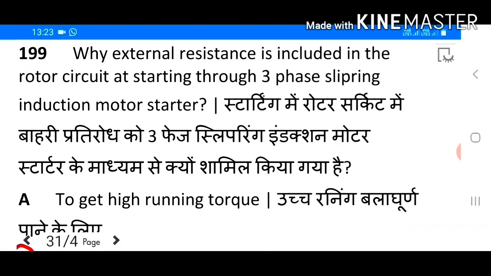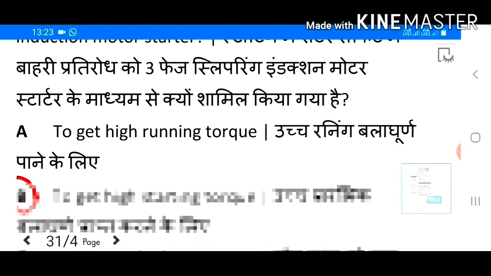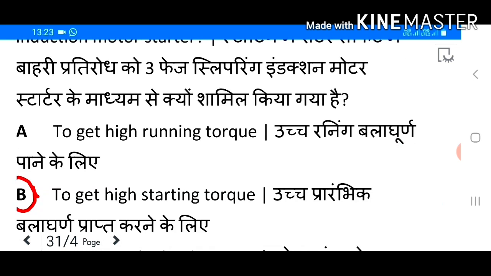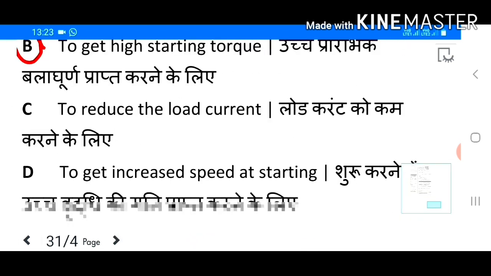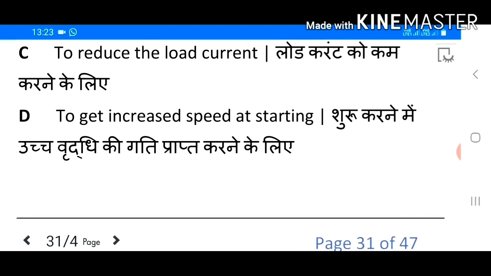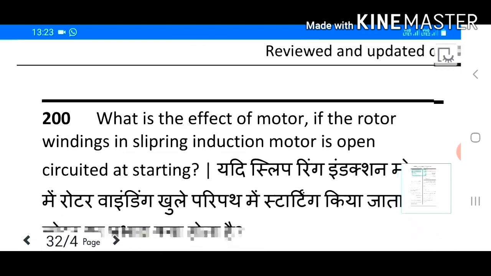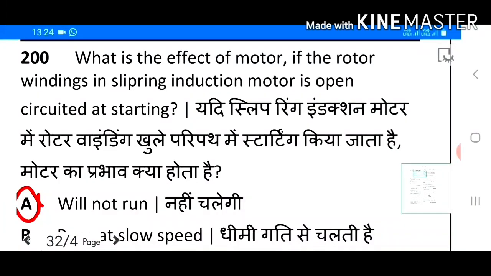199. Why external resistance is included in the rotor circuit at starting through 3-phase slip ring induction motor starter? Answer B. To get high starting torque. 200.